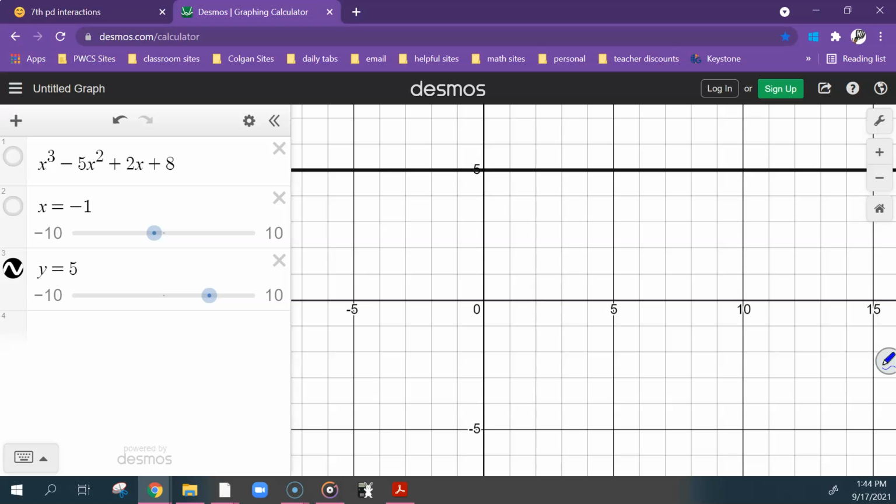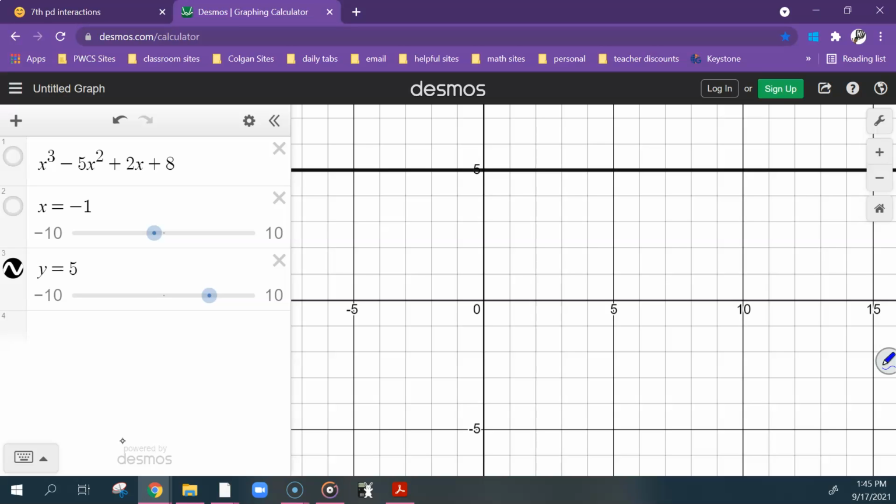For 6, if this were the graph of y equals 5, yes. So what is our y-intercept? +5. What is our x-intercept? Nothing. It does not cross this at all. The only time you would have a value for that is if it were the x-axis, but then it would cross here and here and here, everywhere.